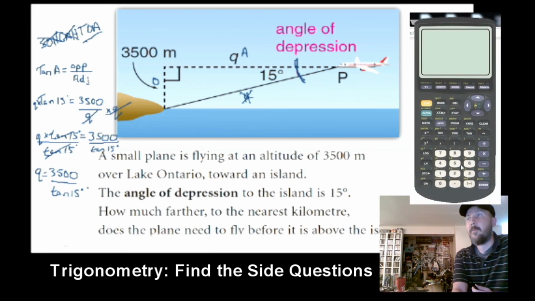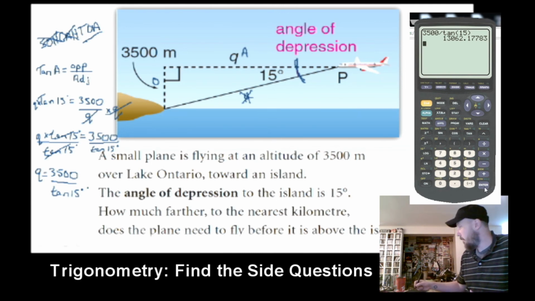All we got to do is open up our calculator. I'll clear that out. You could leave it on. We're doing 350, so I'm going to type that in. 350 divided by tan 15. Tan 15. I'm going to close my bracket there. Equals. Holy smokes. Okay.